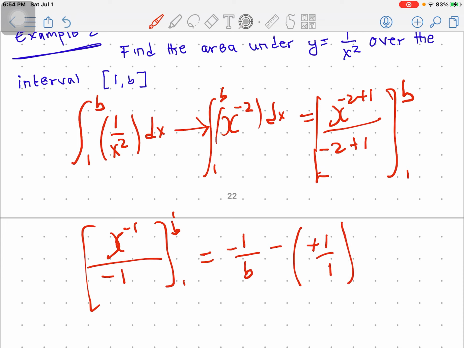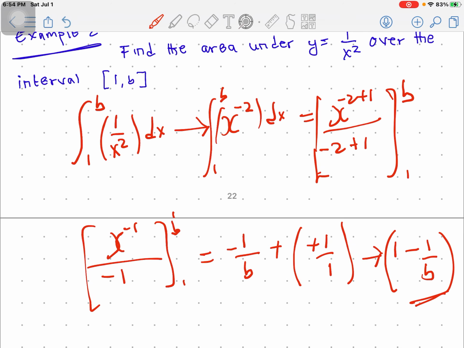Therefore this one will give us positive, and at the end of the day we are going to get 1 minus 1 over b. So this will be your final answer.